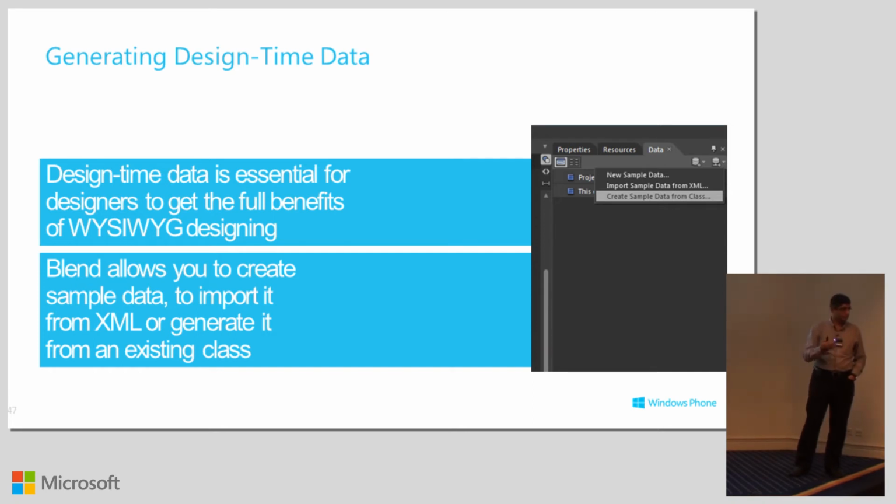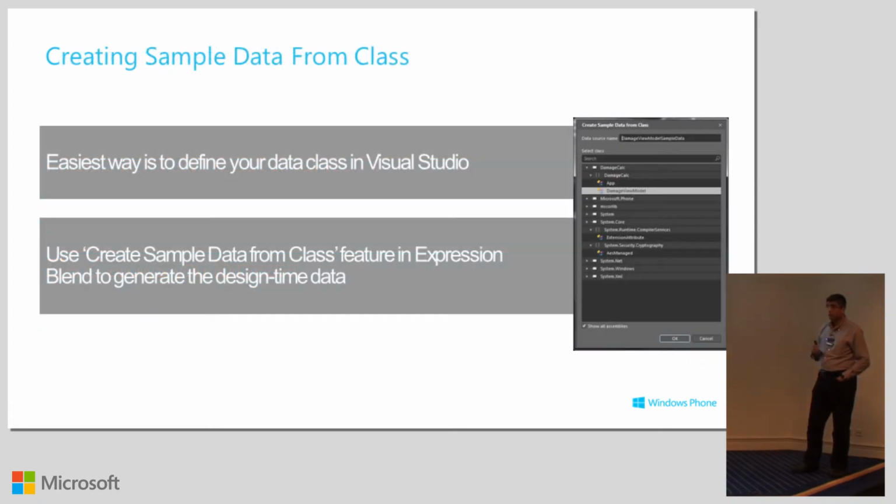It also creates a whole data model for you. So if you use the data bound application template, you get the sample data, the data model class, everything from the template itself. Or you can go into Blend and create your own using the data generation tool.